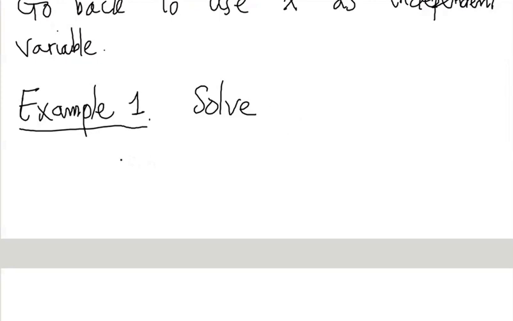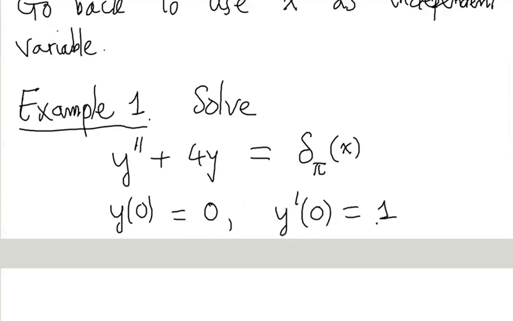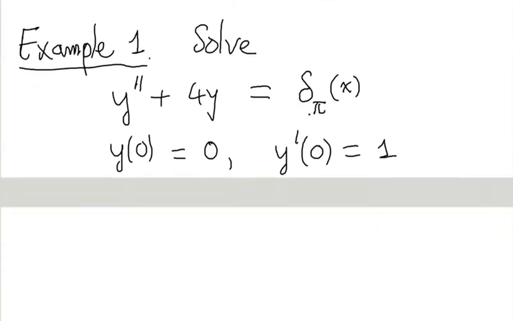Solve the initial value problem y double prime plus 4y equals delta pi of x, where we're using x as the independent variable, with initial conditions y of 0 equal to 0 and y prime of 0 equal to 1. Because delta pi of x is not a usual function, we won't be able to use the method in chapter 3 to solve it. Instead, we need to use Laplace transform.